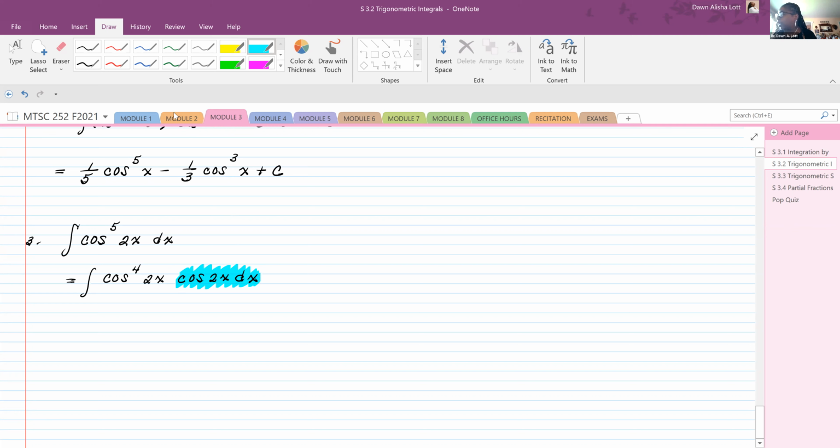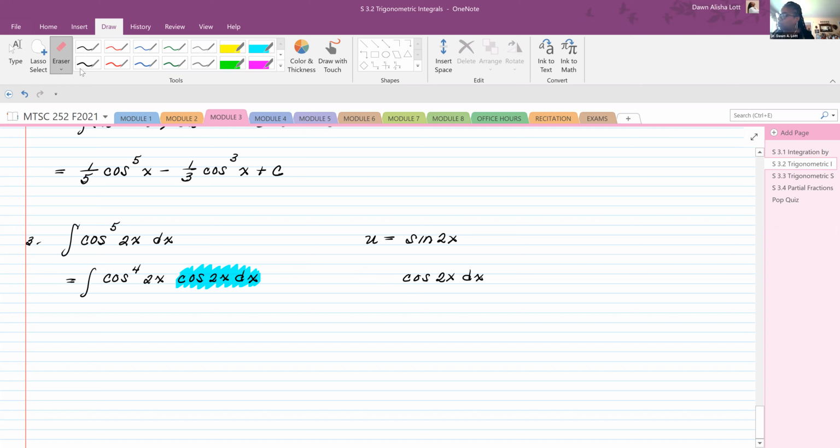So now this right here is what I'm going to have be du. So if that's the case, u has to be the sine of 2x. Now, obviously, when I take the derivative, I'm not going to get the cosine. I'm actually going to get a 2 times that.